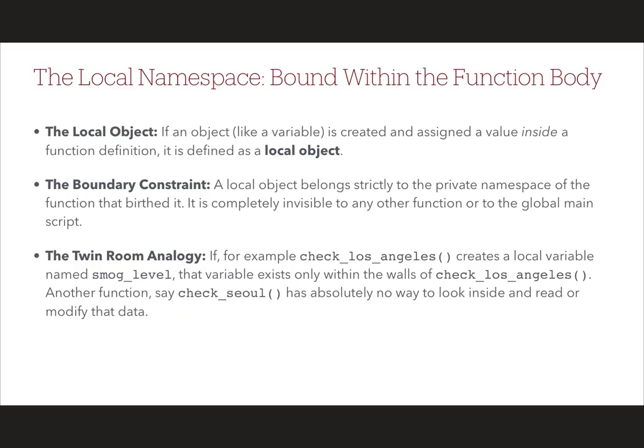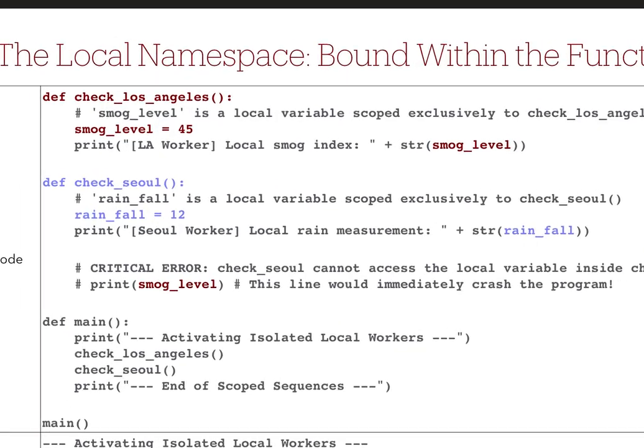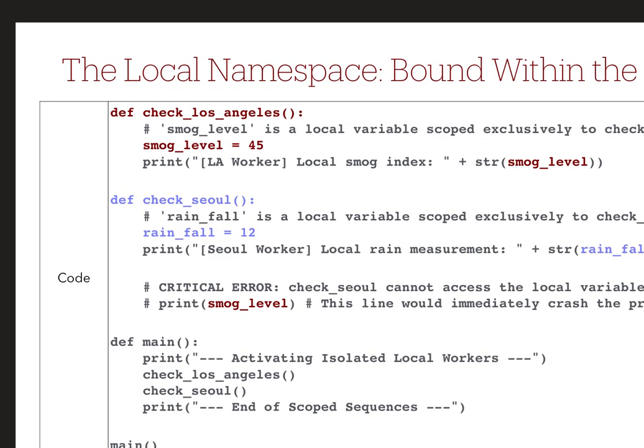Okay. So here is some example. Suppose that I have three functions: check Los Angeles, check Seoul, and the main function. In the check Los Angeles function, I defined the smoke level variable with value 45.